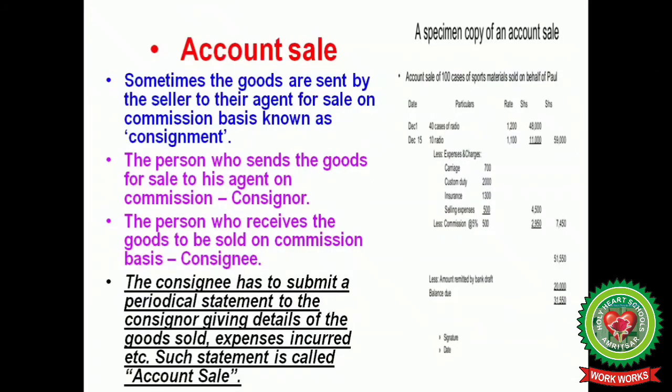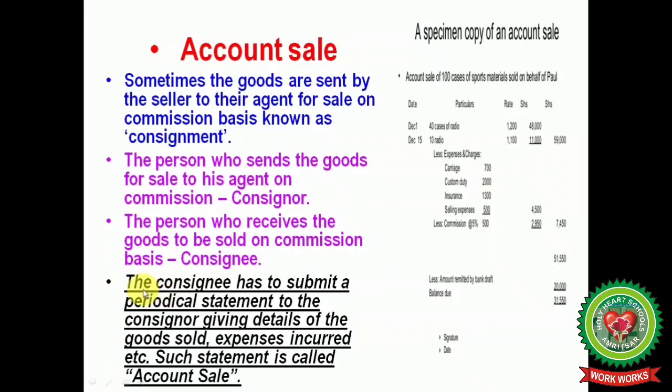The next one is account sales. So sometimes the goods are sent by the seller to their agent for sale on a commission basis, known as consignment. So the person who sends the goods for sale to his agent on commission is called the consignor. The person who receives the goods to be sold on commission basis is called a consignee.